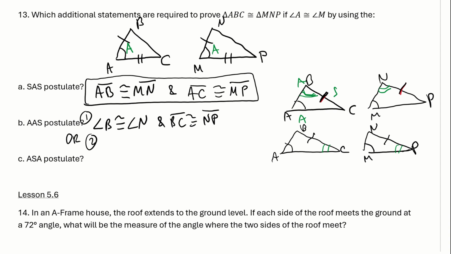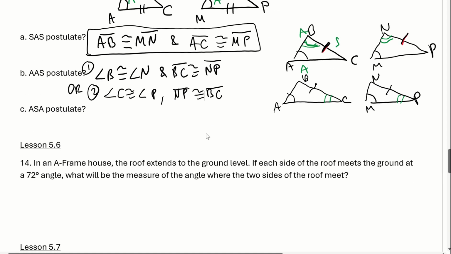Or I can even do the other side, AAS here, right? So there's a lot of answers for this one, okay? So for AAS postulate, a lot of answers. Or I can know angle C is congruent to angle P, and then I can know NP is congruent to BC. Okay, those are just 2 of 4 possible answers. You can give 4 answers for that one.